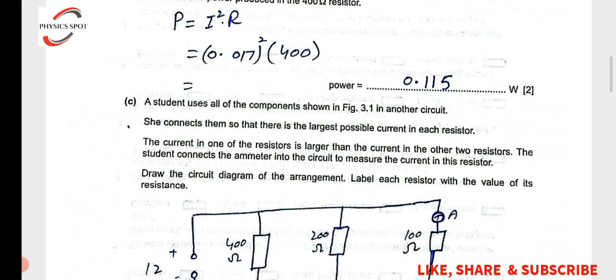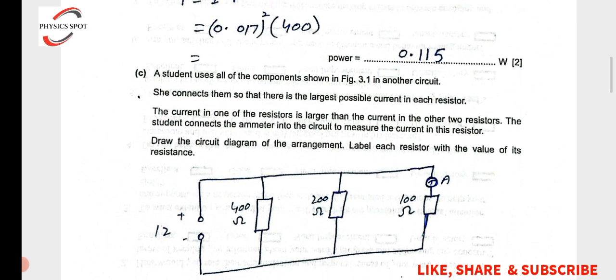A student uses all the components shown in figure 3.1 in another circuit. As the figure above is given, it is said that the student uses those components in another circuit. She connects them so that there is the largest possible current in one resistor.